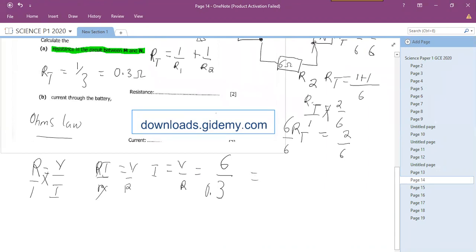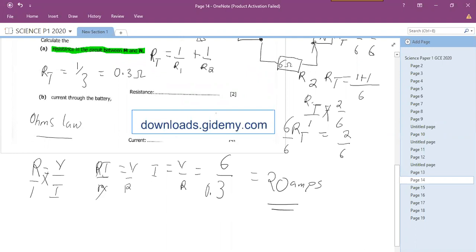So it will be 6 divided by 0.3. You get your calculator and punch 6 divided by 0.3. You are going to get a current of 20 amps. So that's our current, 20 amps.